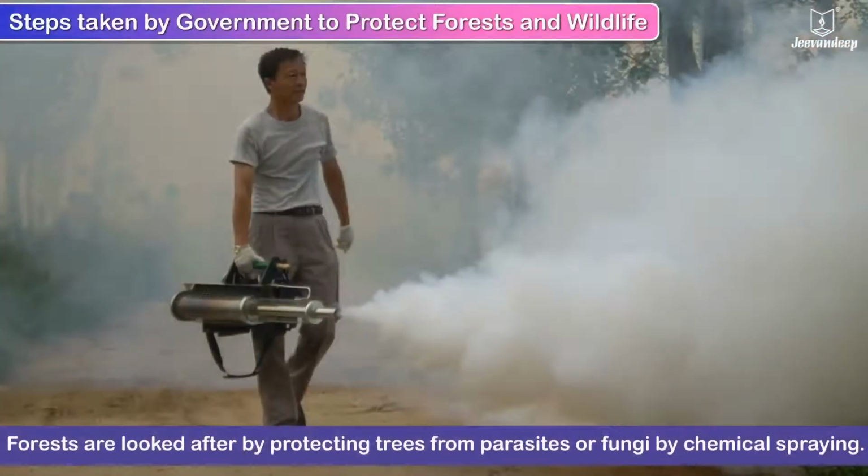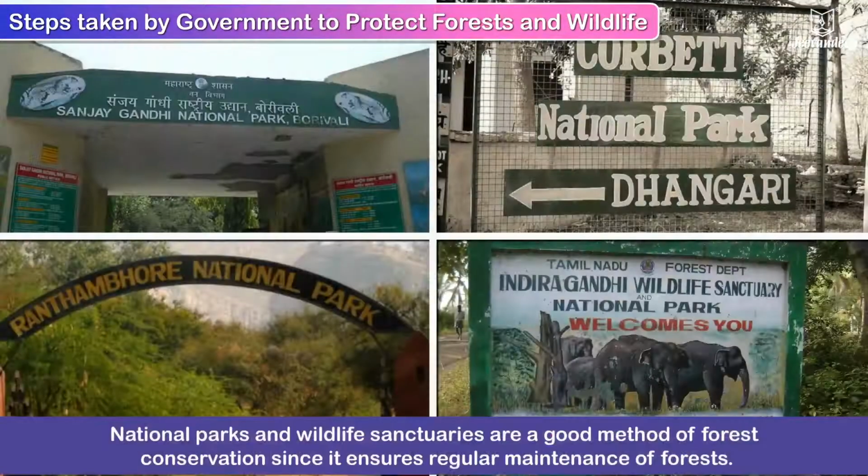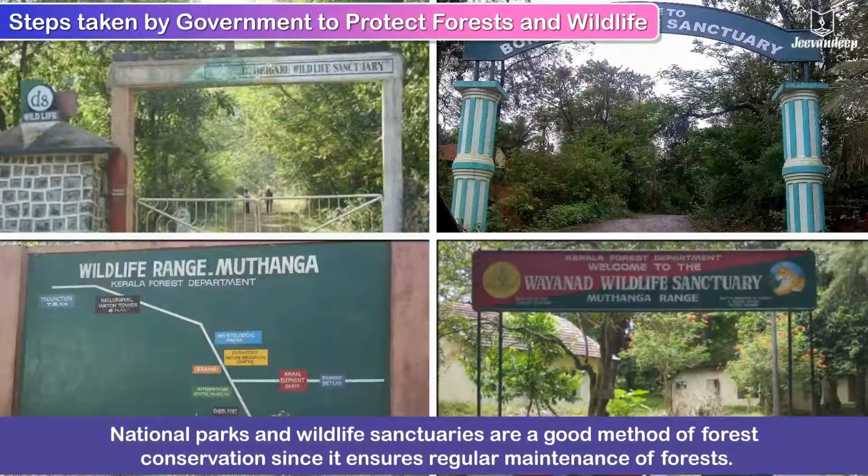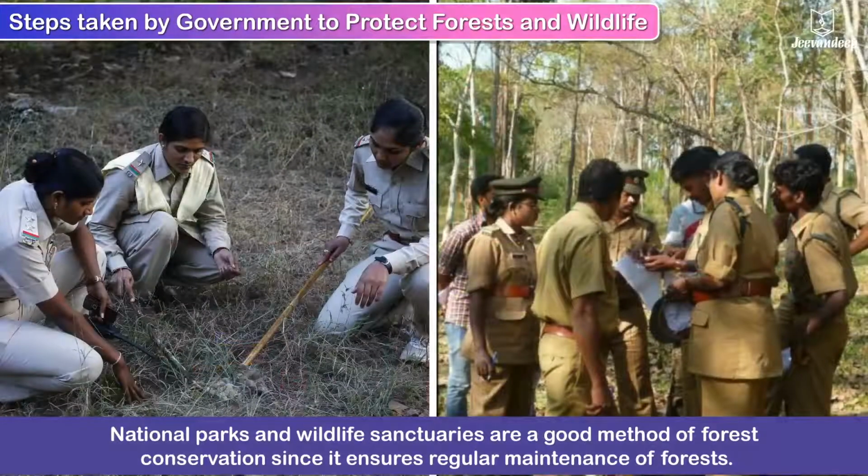Forests are looked after by protecting trees from parasites or fungi, by chemical spraying. National parks and wildlife sanctuaries are a good method of forest conservation, since it ensures regular maintenance of forests.